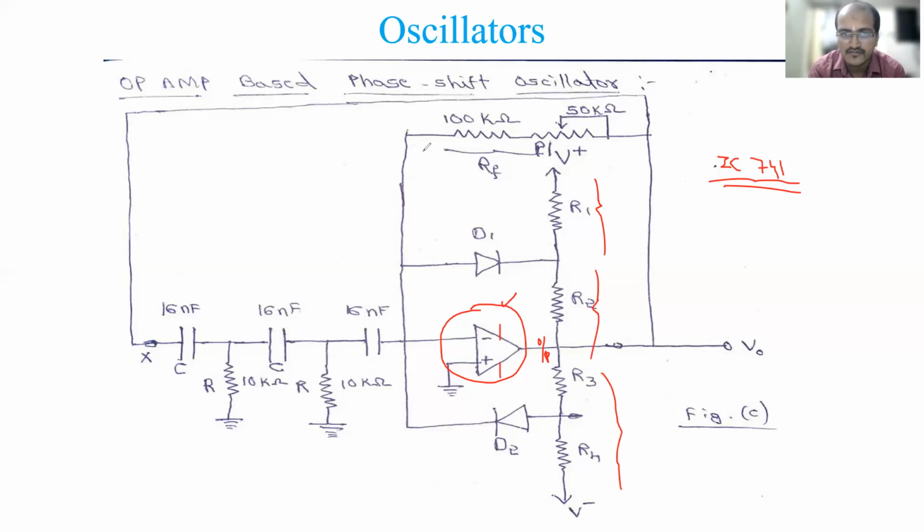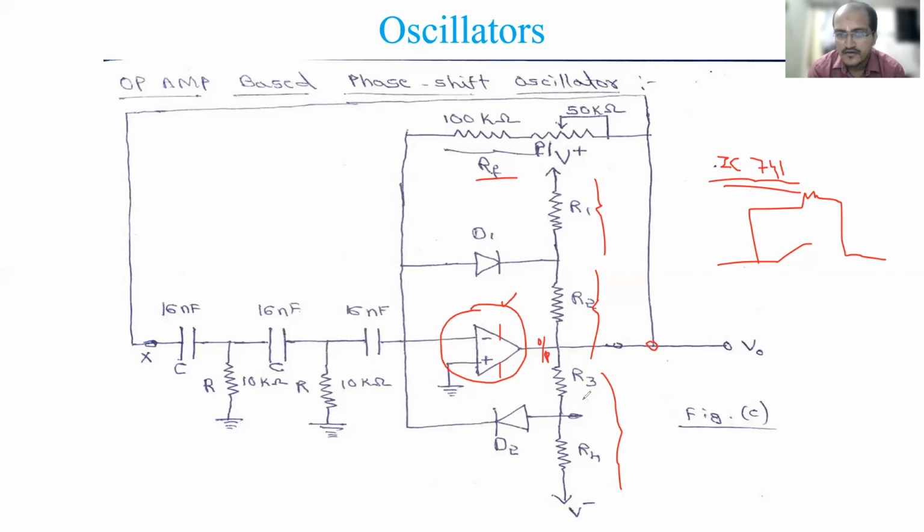Differentiator, integrator, adder, subtractor and all, you have seen: the op-amp with some resistor or capacitor combination. In the same way, this is the feedback resistor, a 100 kilo ohm resistor along with a 50 kilo ohm potentiometer, acting as RF, the feedback resistor of the op-amp. Whereas D1, D2 and the 4 resistors form a limiter circuit, and this is the output given as feedback to the RC sections here.